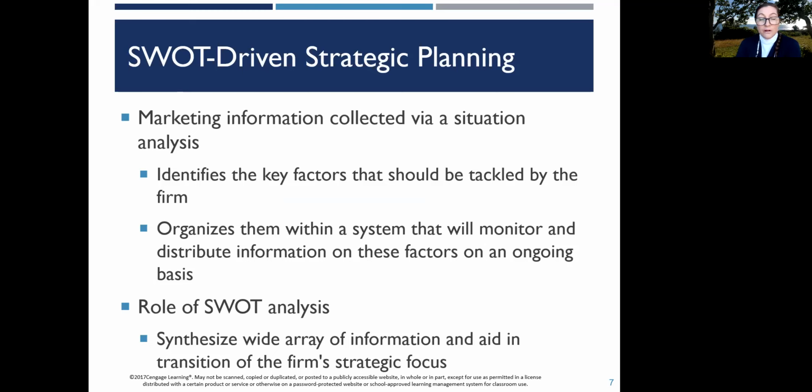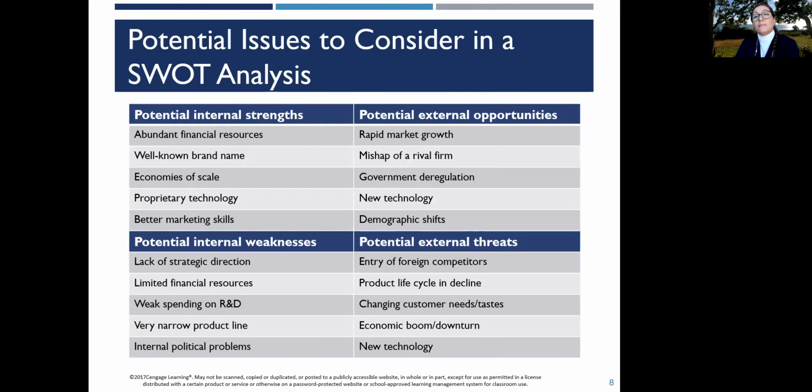And we are organising these factors into a system that we can monitor on a continuous basis. The role of the SWOT is to bring this wide array of information together into a useful form so that we can achieve a strategic focus. So what we've got here is like a generic SWOT, right?